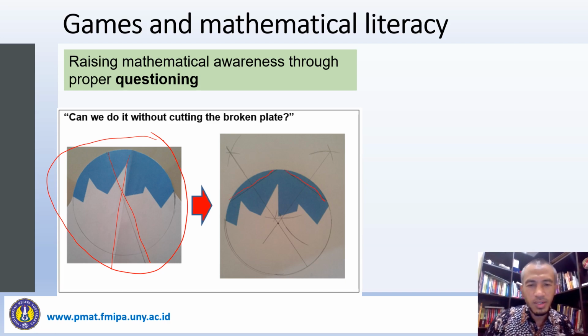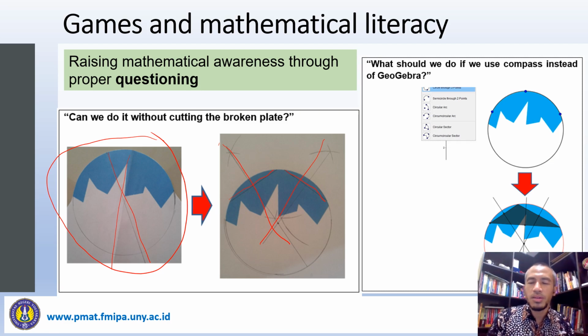Chord, they make a chord here, and they construct the apotheme, and then they can construct the circle. So this question can trigger students to move from maybe just hands-on activities to minds-on activities. They become aware of the mathematics embedded in their hands-on activities.